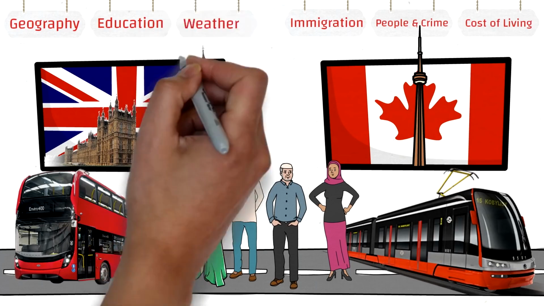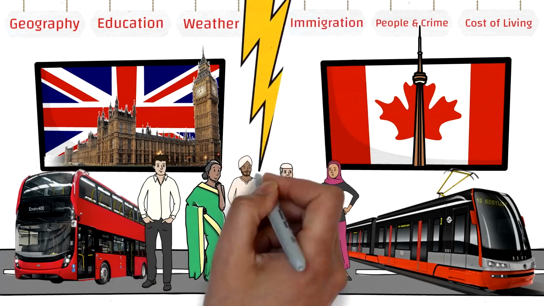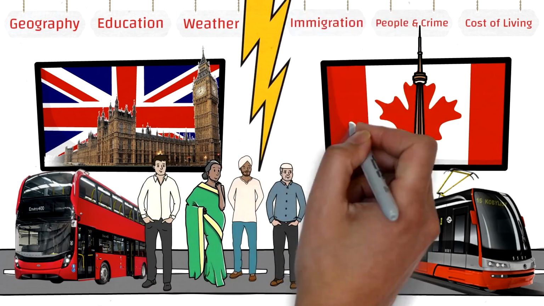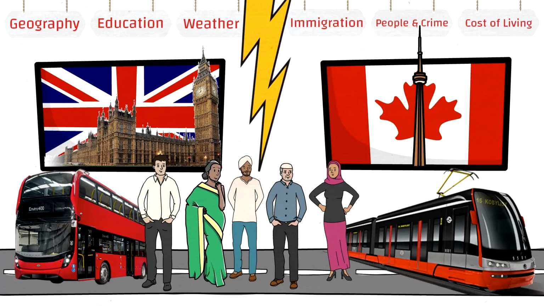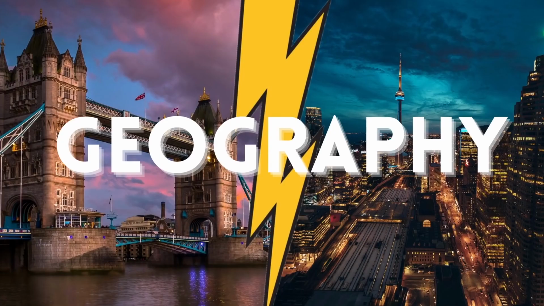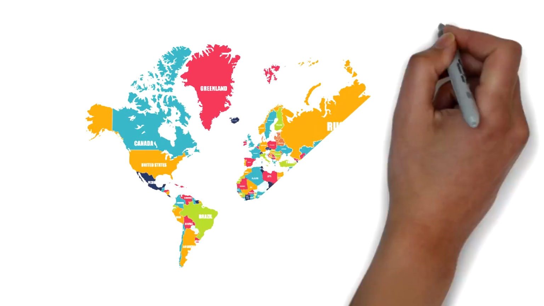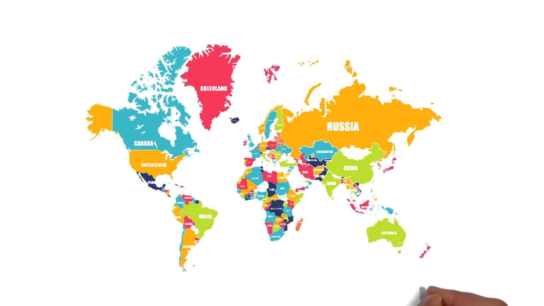So I'm sure this video is going to be an ultimate comparison between UK and Canada, and hopefully by the end of this video you would be able to decide which country suits you. We're going to discuss the key points so this video remains interesting.